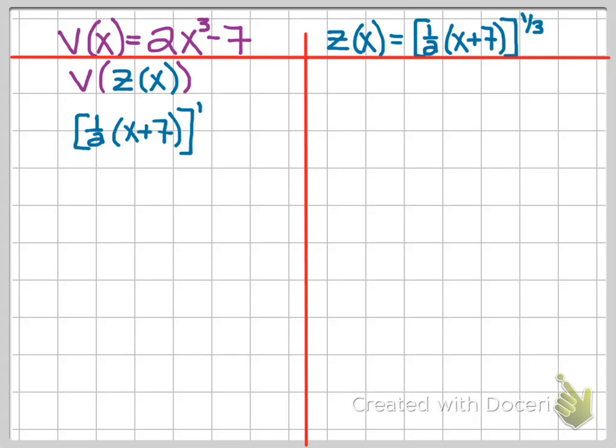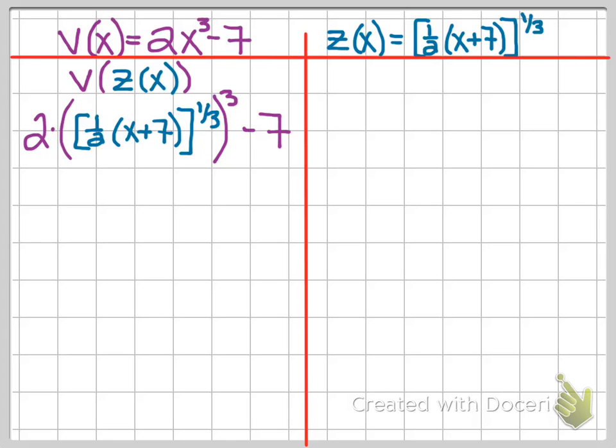So I'm going to take my entire function z, I'm going to then cube it, then double it, and then take away 7. So you can see that that original input quantity x was just replaced by my entire function z of x.